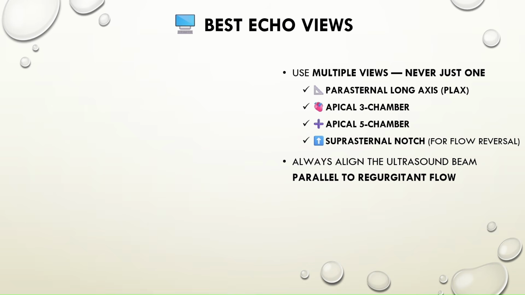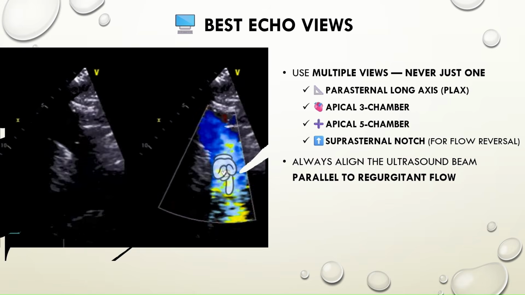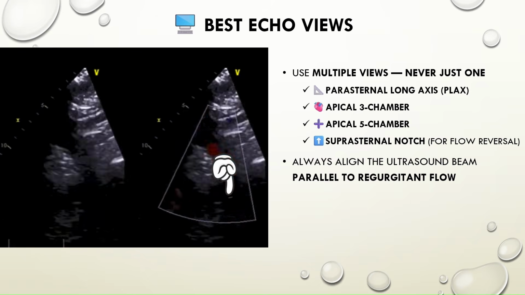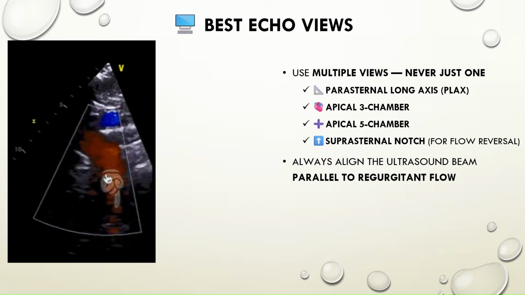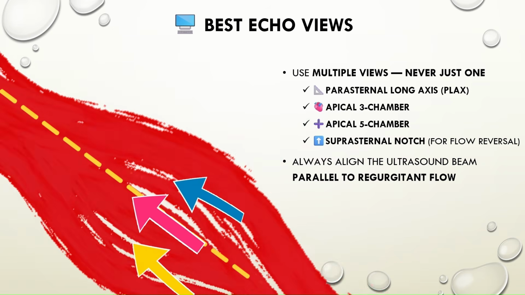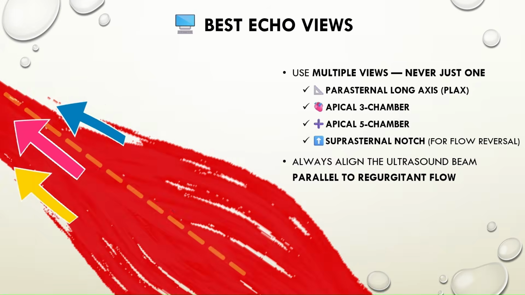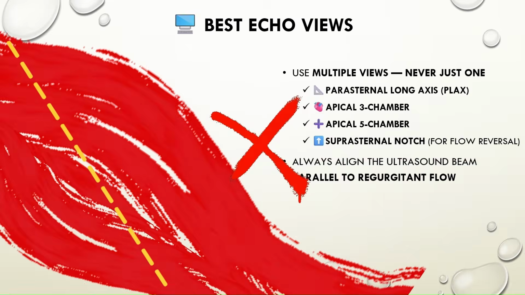But when you're thinking about severity, you also want to include the suprasternal notch view, because that's where you'll check for flow reversal in the descending aorta. No matter which view you're in, always make sure your Doppler beam is as parallel to the regurgitant flow as possible. Poor alignment is one of the most common reasons AR gets underestimated.